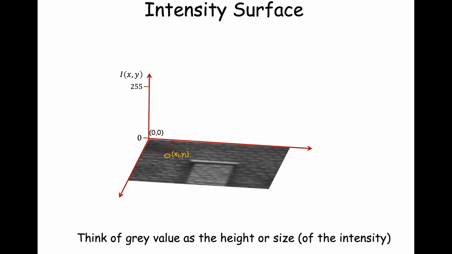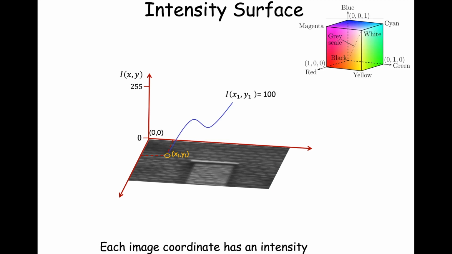Okay, so you can think of the gray level value, or the pixel intensity value at a particular location in image coordinates, x1, y1 in this case, as we've marked it, as the height or the size of the intensity. So at pixel location x1, y1, let's assume that the intensity function returned a value of 100. In this particular case, we're just assigning this 100.